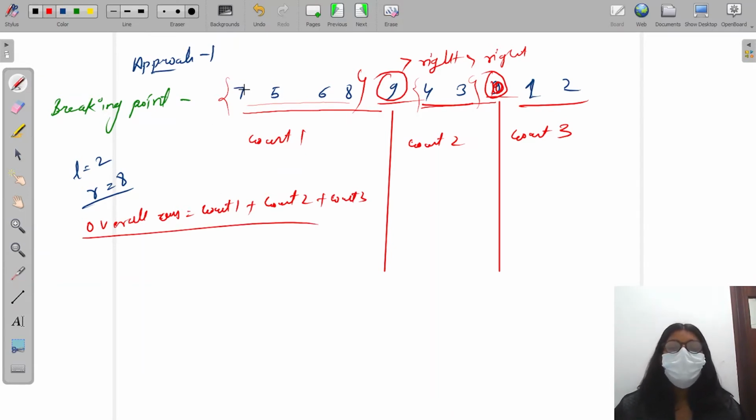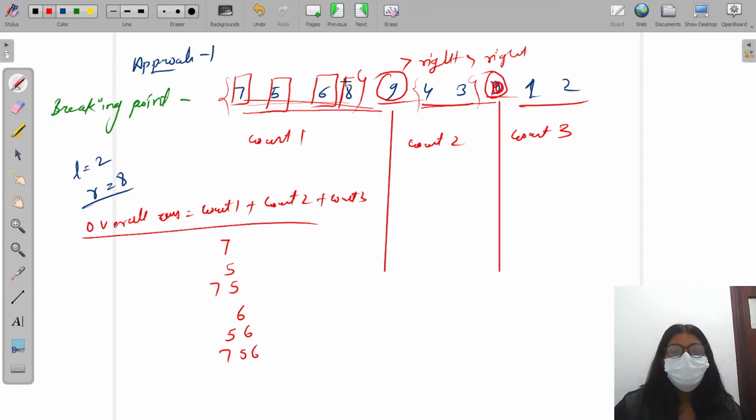If we talk about this subarray, let's say all the subarrays that are ending at 7 are what? Only 1. All the subarrays that are ending at 5 are what? 5 and then 7, 5. All the subarrays that are ending at 6 are what? 6, 5, 6 and then 7, 5, 6.